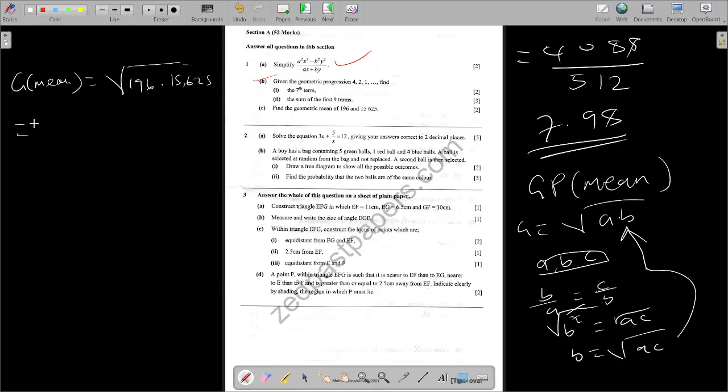When we multiply this, we have about 3 million.